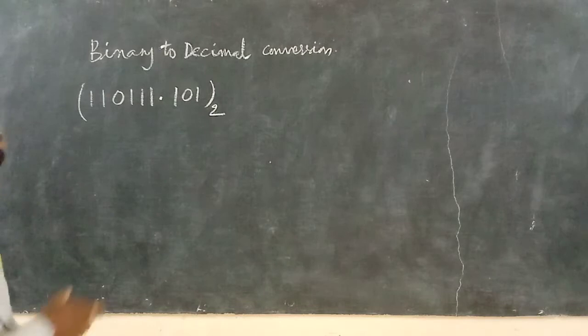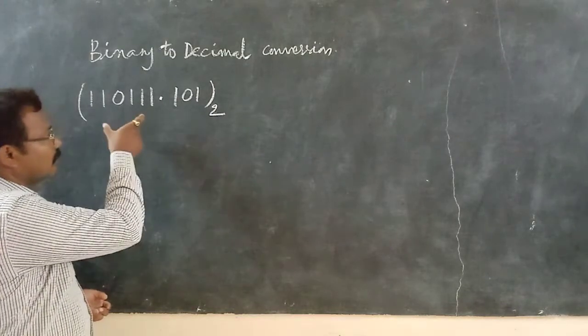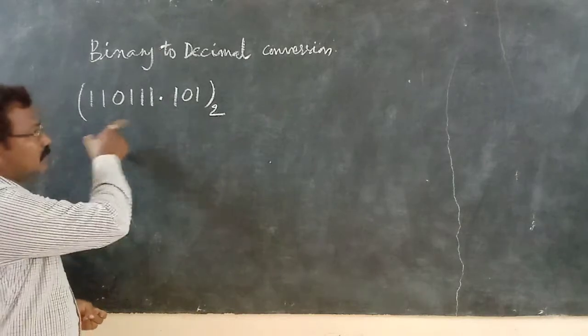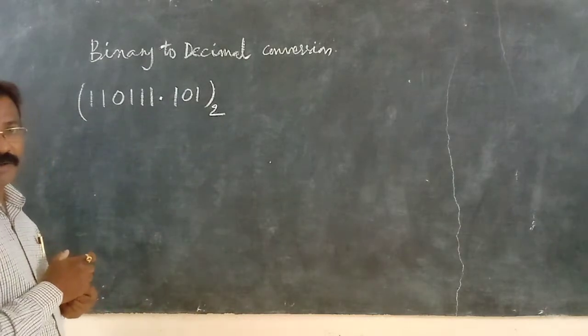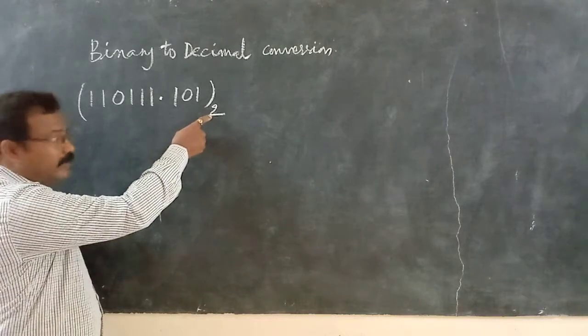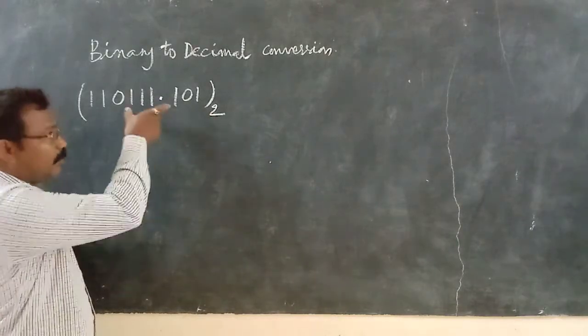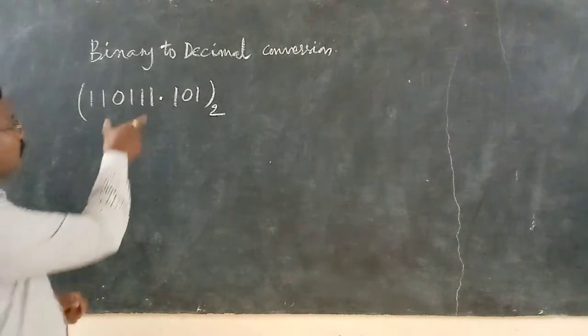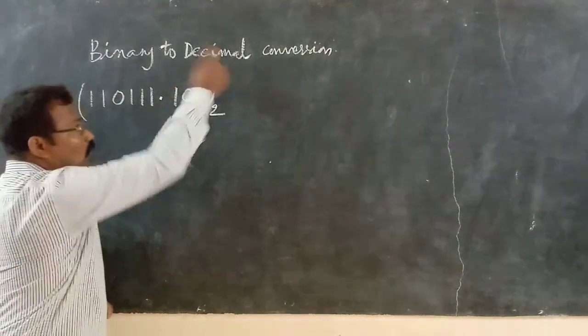This number can be formed by the combination of zeros and ones. Hence, it is the binary number, and at the suffix of this number we write 2. Now, we are going to convert this binary number into decimal format.